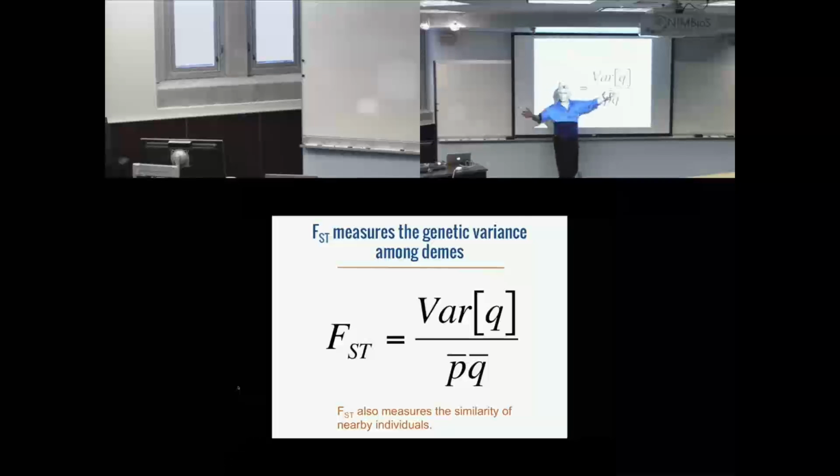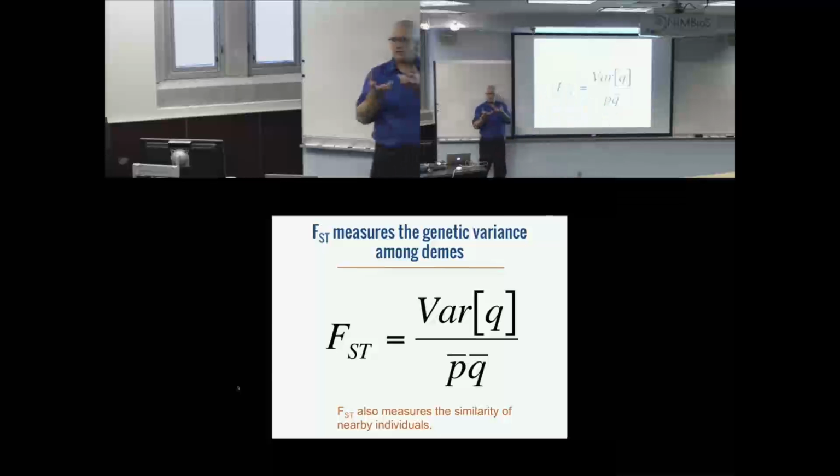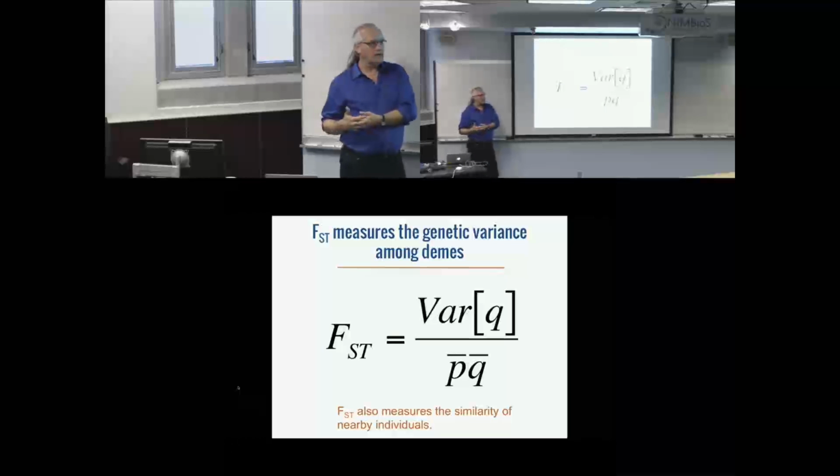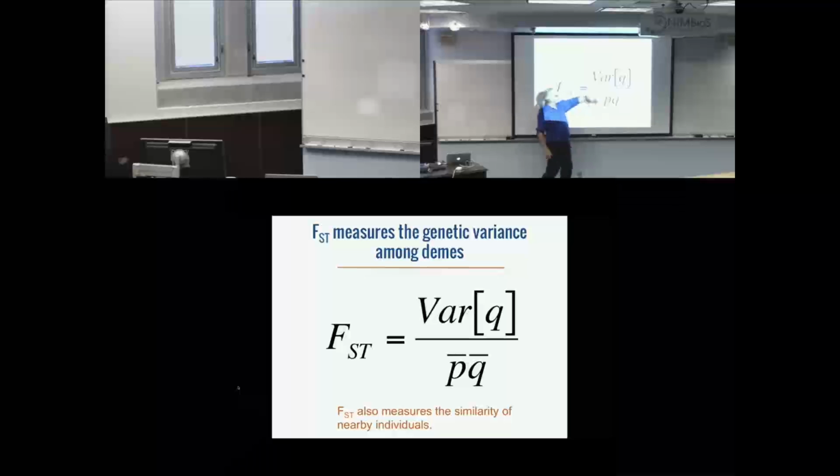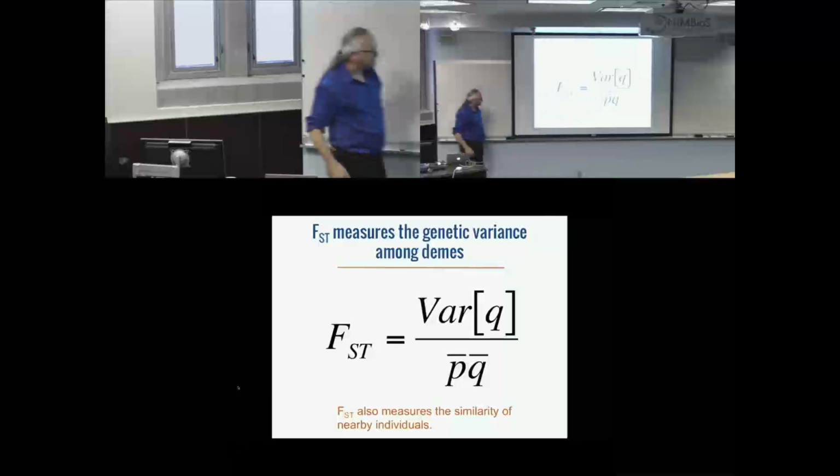So for each population, you have a local allele frequency, and this is the variance among that list of allele frequencies over populations. P bar and Q bar are the two alleles' average frequencies across all those populations. So this is a standardized measure of the genetic variance among populations, this FST.